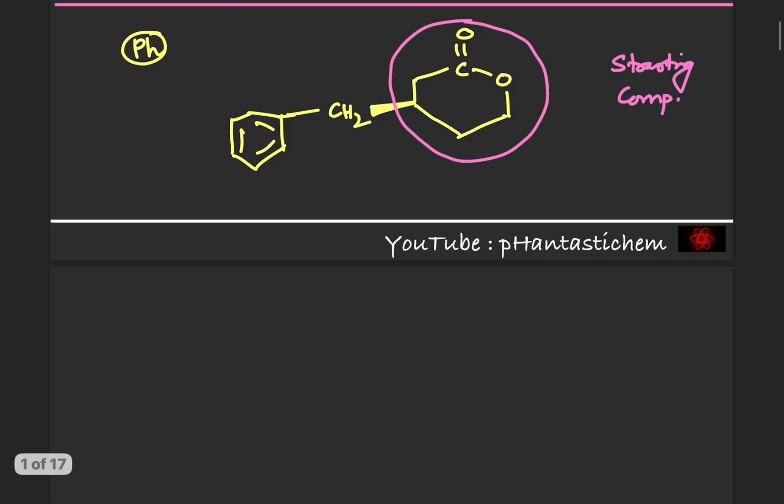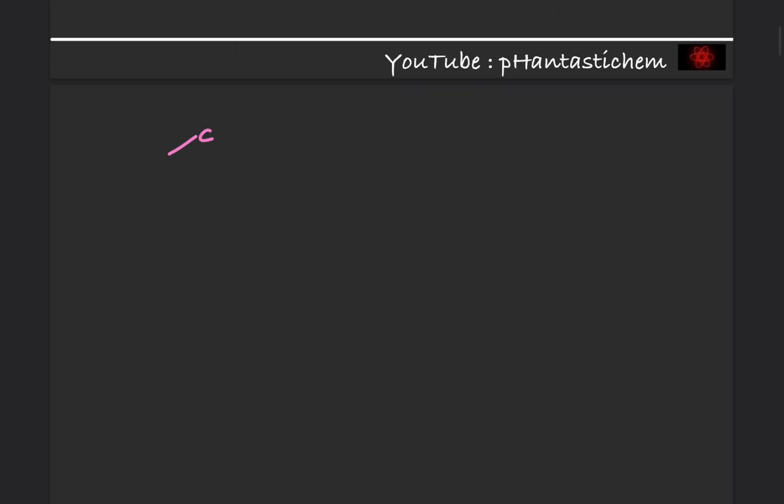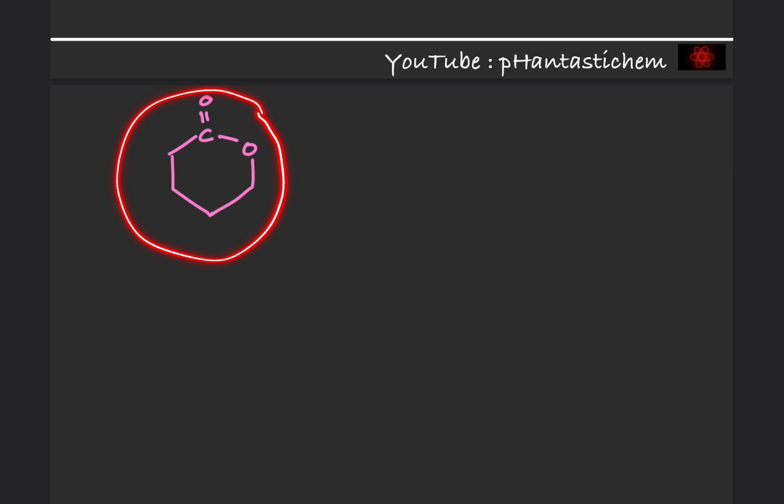So just looking at this part of the molecule of the starting compound, I will draw this part separately. C double bond O. These are known as delta valerolactone, or delta lactone, or lactones in general.